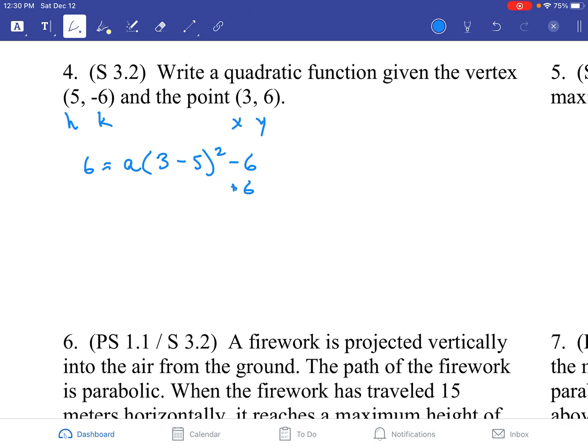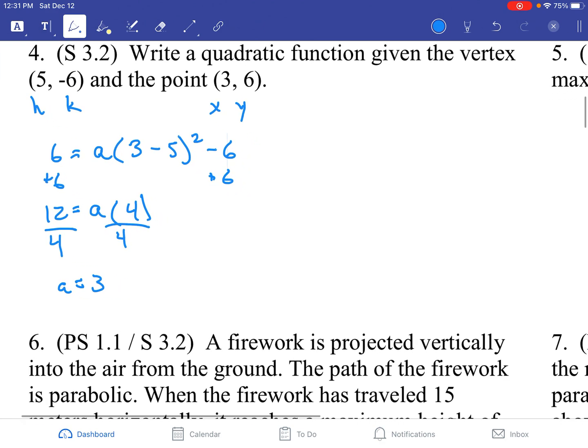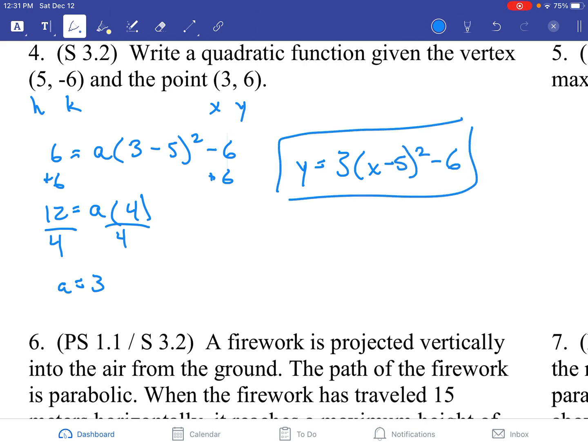We're going to add 6 to both sides. That gives you 12 is equal to a times something. 3 minus 5 is negative 2, and negative 2 squared is 4. Divide by 4, and a will equal 3. Now we're going to rewrite the equation. Y is equal to 3 times x minus 5, quantity squared, minus 6. There you go.